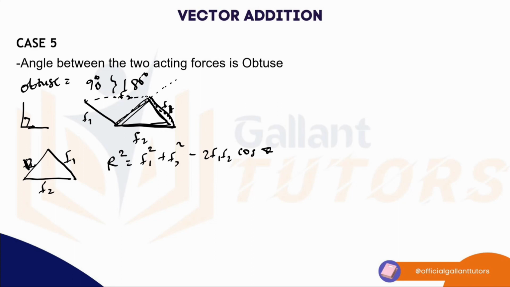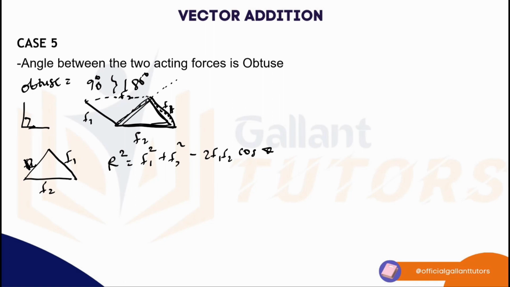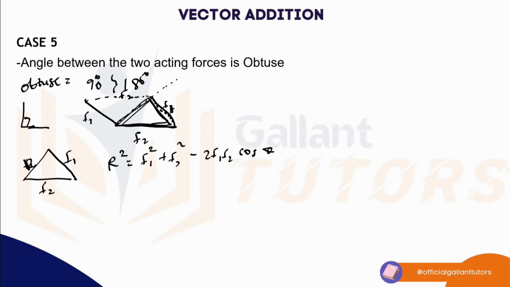In a subsequent video you will get to know how to use this. I'm just trying to establish the basics, the concept. So that's basically all you have to know about vector addition. There is one more, which I will try to touch before I start solving in the next video. But for today, this is where we're going to stop.